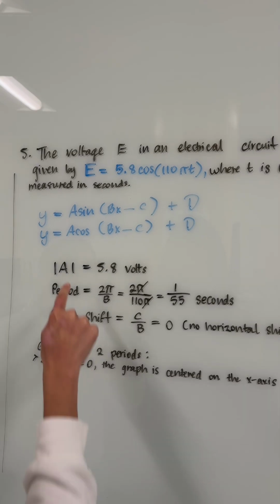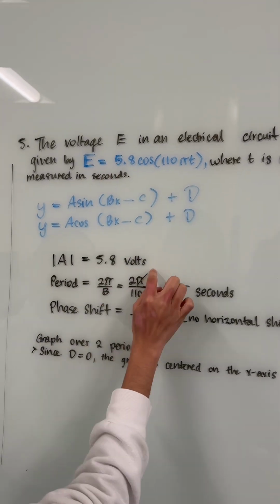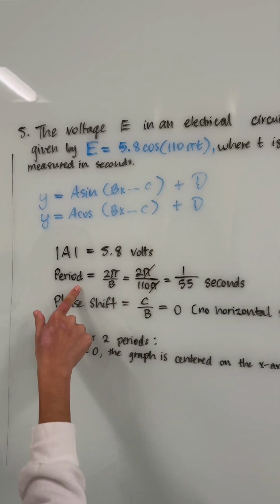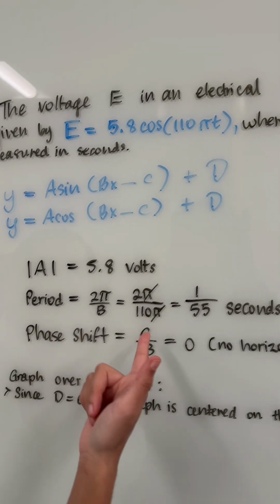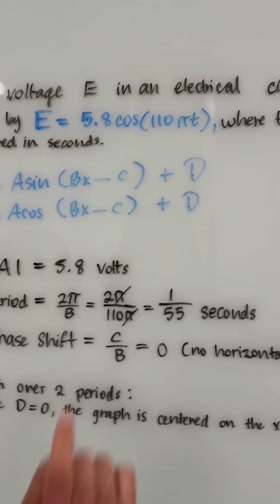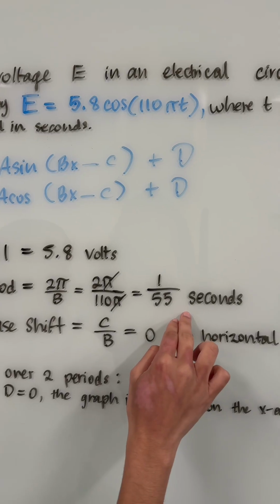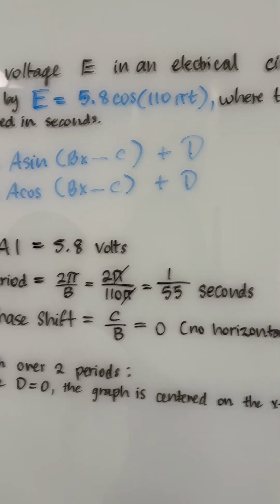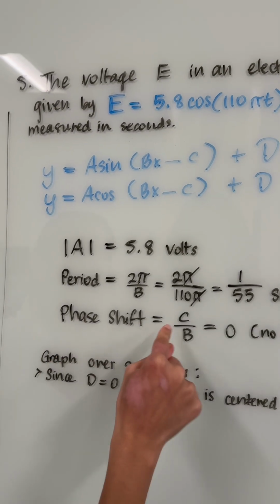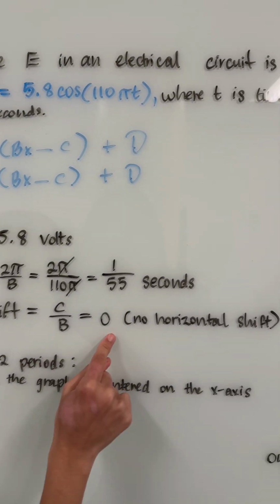The amplitude is the first number there, 5.8, which represents volts. The period is 2 pi divided by b, which gives us 1/55 seconds. Phase shift is C over b, which we don't have, so that is 0.